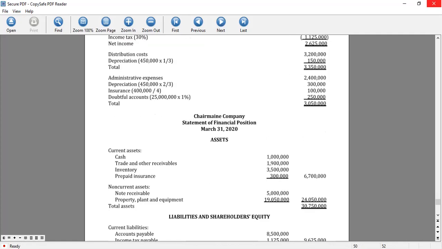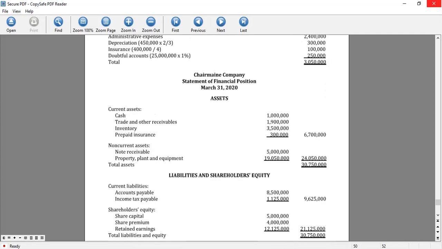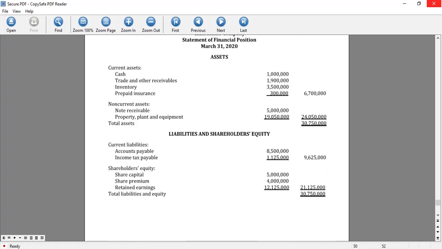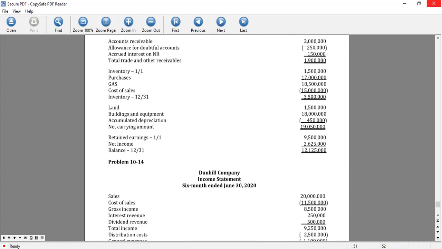That's our net income, which we have to carry from the income statement to the statement of financial position.